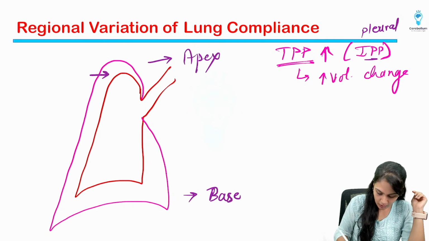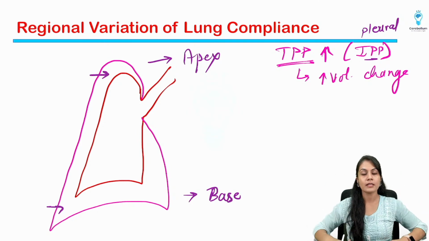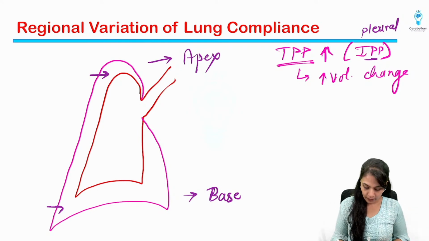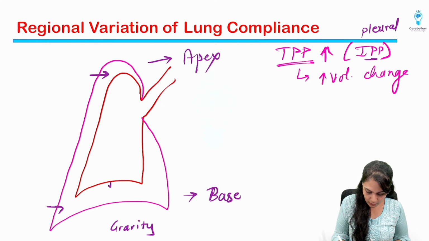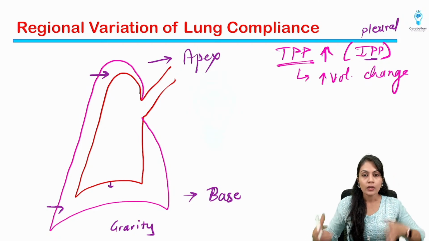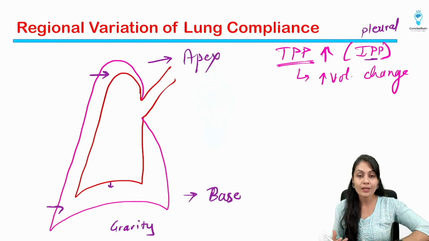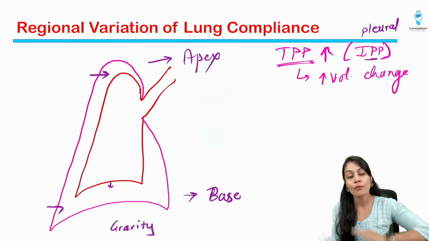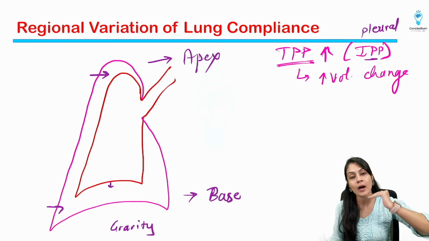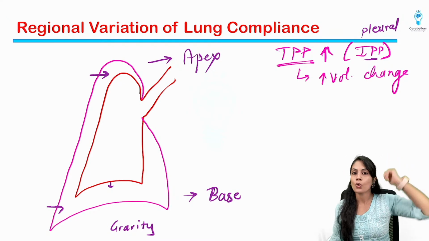Now remember, as I'm sitting in the upright position, what is going to happen? The gravity is acting on my lungs too. So this is going to pull the lungs downward. Now the part which is nearer to the core of the earth is going to have more pressure as compared to the part which is far away from the core of the earth.